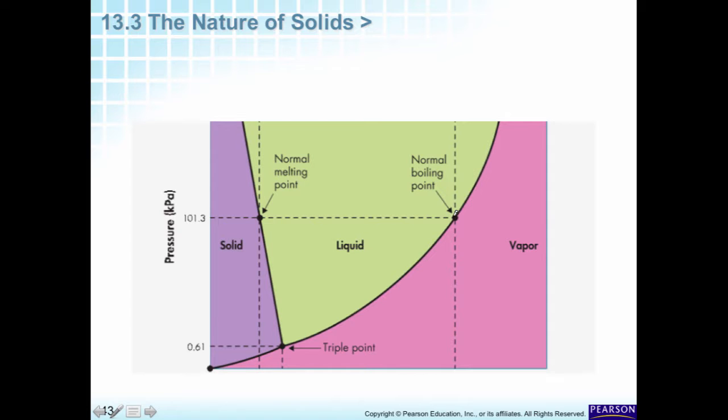If this was water, the temperature here would be 100 degrees. The solid at 1 atmosphere is going to be at 0 degrees. But then we have this triple point here. The triple point is where you have an equilibrium.